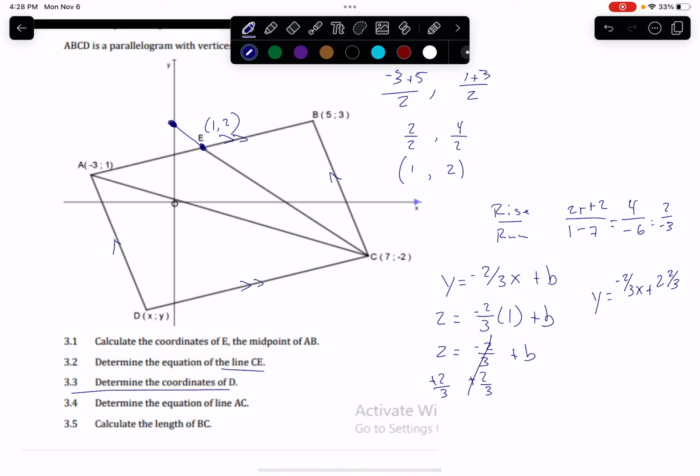Determine the coordinates of D. Well, if you look here at my slope, if these two lines are parallel to each other, then they have the same slope. And I have to go down. How far would I have to go down? Like if I go down, that's the y-coordinates, right? I'm going to go down 3, then down 2 more to get to -2. So I'm going to go down 5.